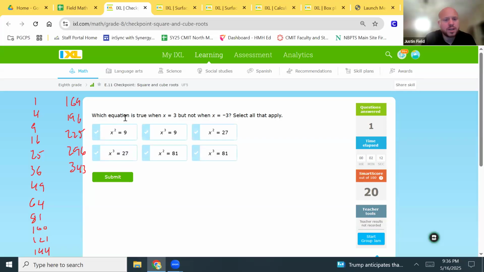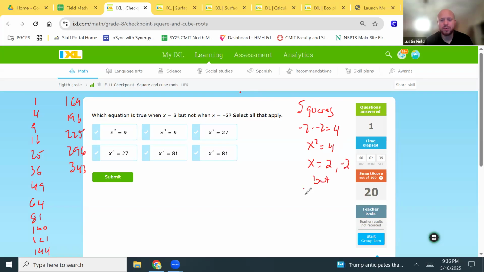Which equation is true when x equals 3, but not when x equals negative 3? So when we have squares, a negative times a negative is a positive, right? For that reason, if x squared equals 4, x could equal 2 or negative 2.